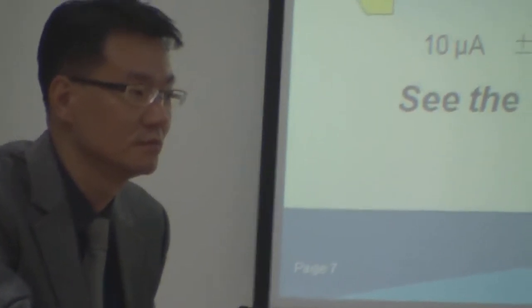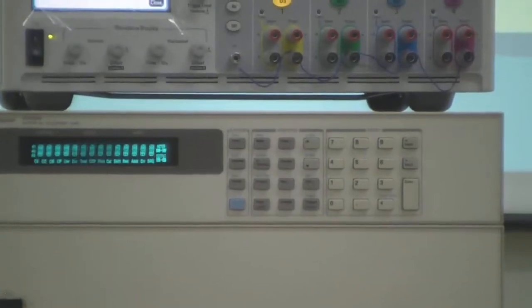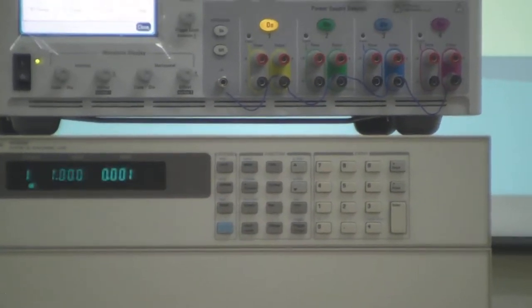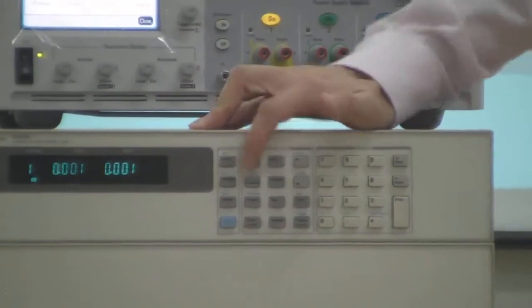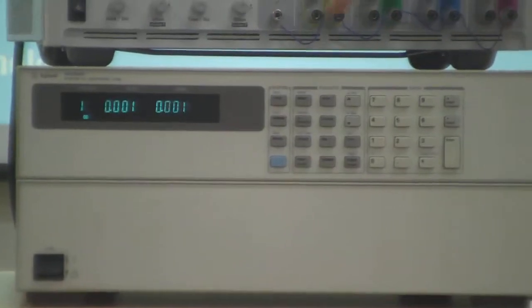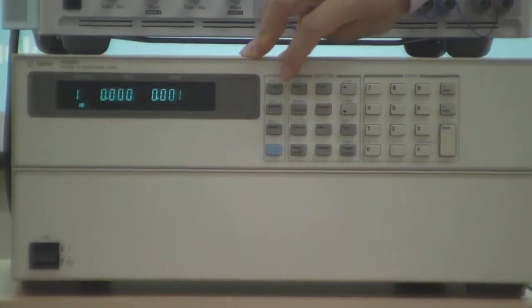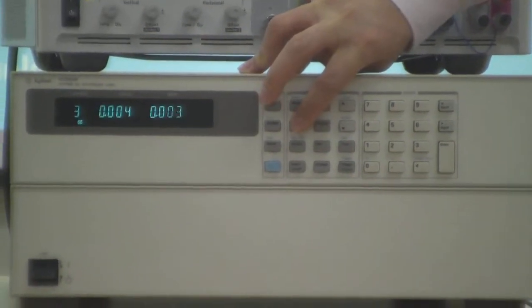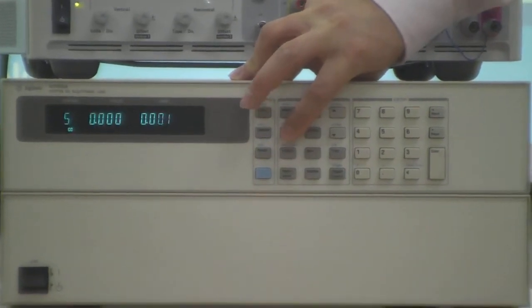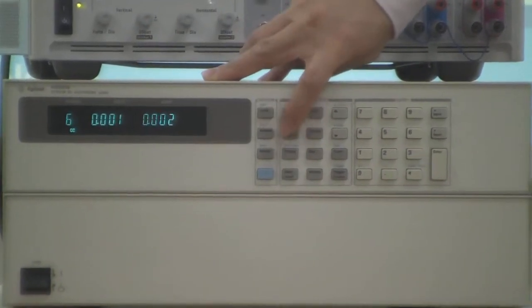So actually, before we get the wires, I can show you very quickly. To cycle between channel 1, channel 2, channel 3, channel 4, you just press the channel button, and you can select different channels.